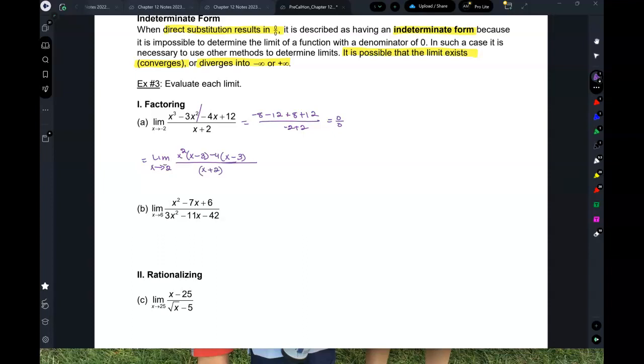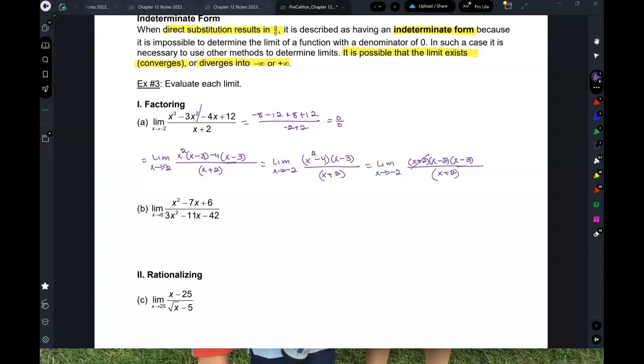I said you couldn't put the limit sign when you substituted the number. But as long as you're simplifying, you have to take the limit with you. So here we go. This is the limit as x approaches negative 2 of x squared minus 4, x minus 3 over x plus 2. This is the limit as x approaches negative 2, x plus 2, x minus 2, x minus 3.